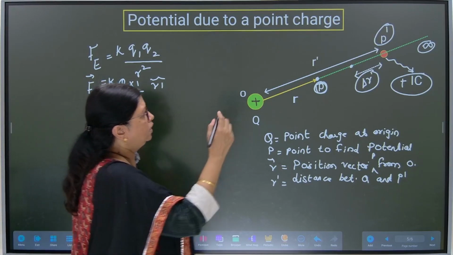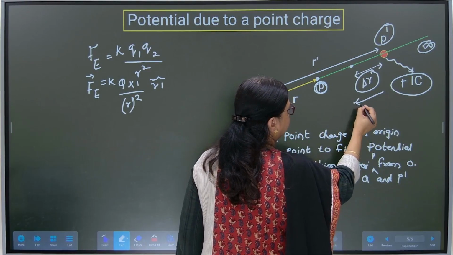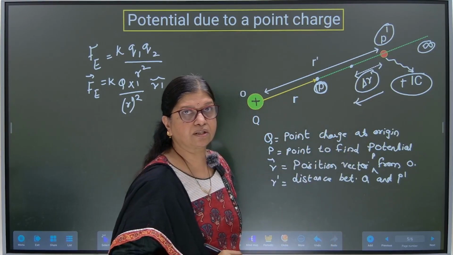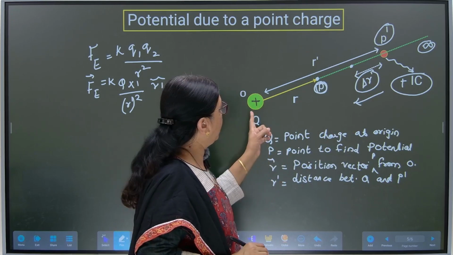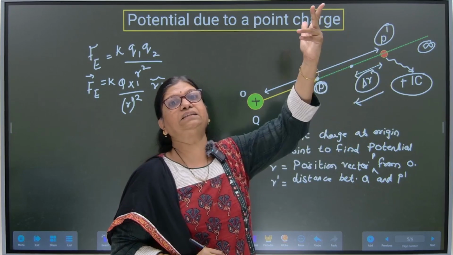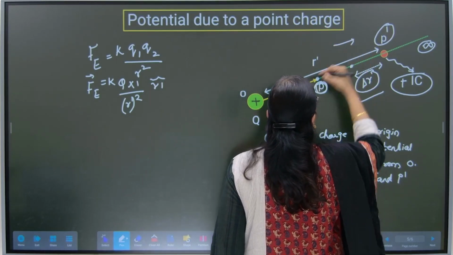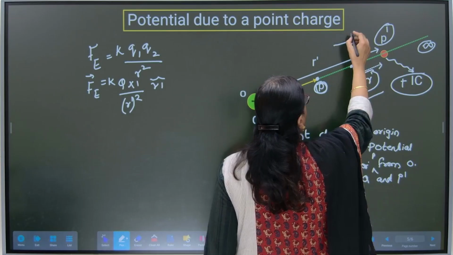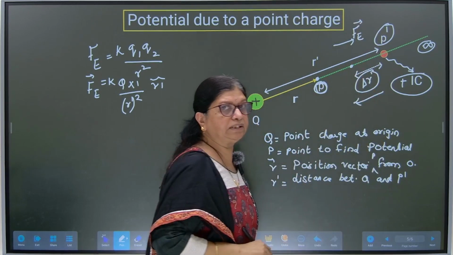The direction of displacement delta r dash is towards Q, but Q is pushing this charge 1 coulomb against it because it is repulsion. So the force of repulsion on 1 coulomb is in the opposite direction.